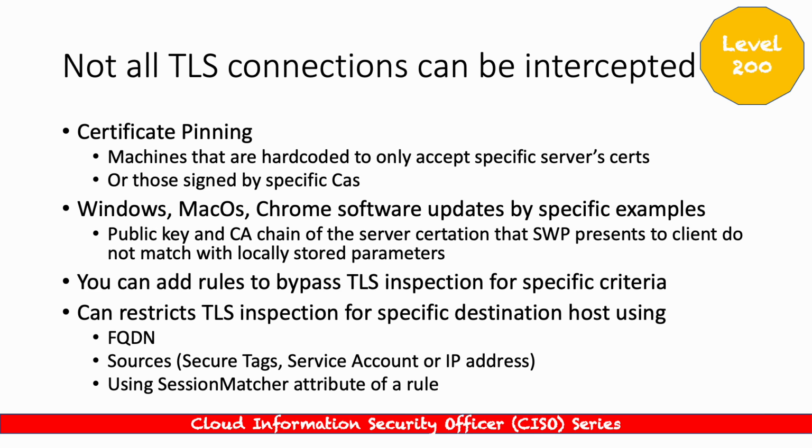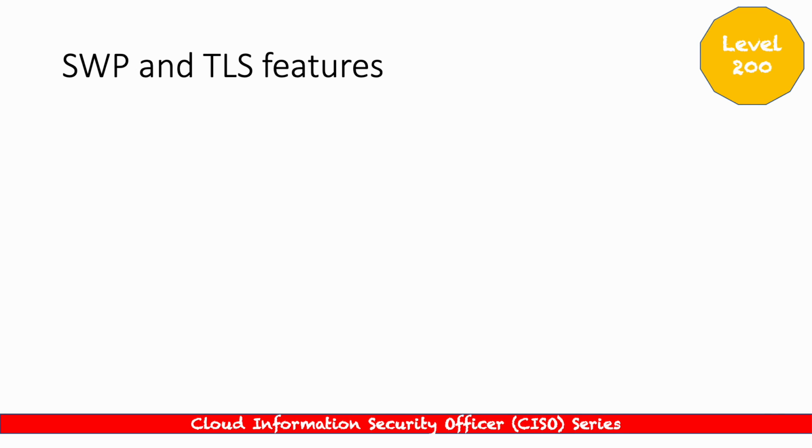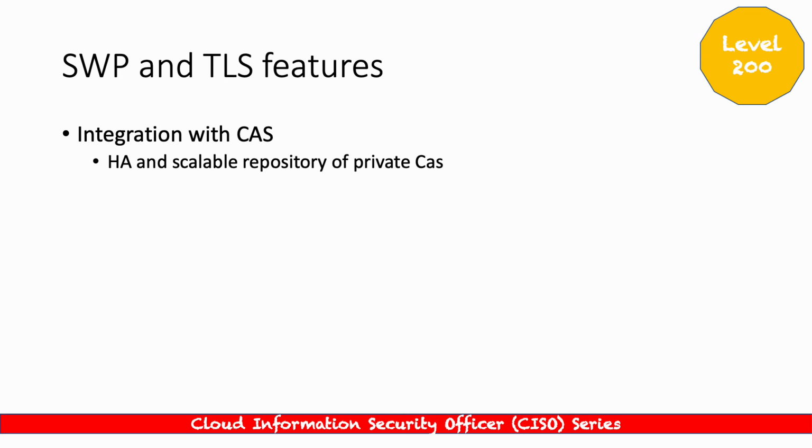If we take it a step further, still focusing on the realm of TLS, now we're talking about the integration with Certificate Authority Service, a high availability and scalable repository for your private certificate authorities.